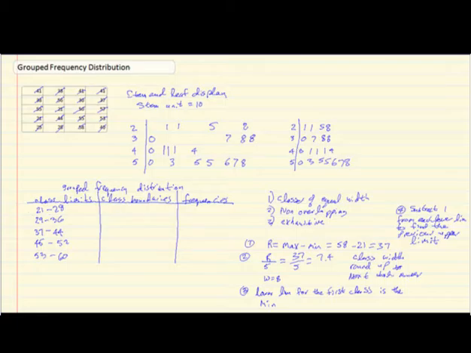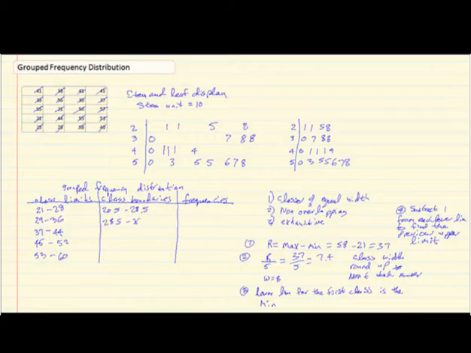But since I need the classes to be of equal width, I'll need to spread it out the same on either side. So if I'm adding 0.5 to 28 on the upper limit of this first class, I'll need to subtract 0.5 from 21 on the lower limit. So I'll have 20.5 to 28.5 for my boundaries.